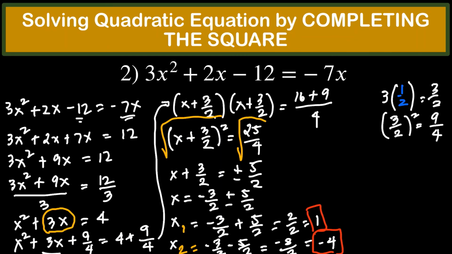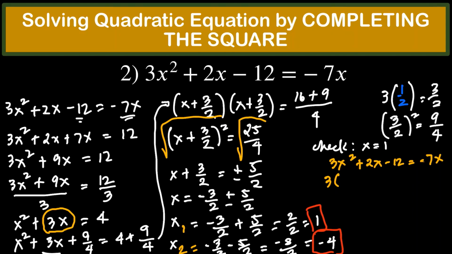So to check, let's use another color. So let's have here 3x squared plus 2x minus 12 equals negative 7x. Okay, and so we have 3 times, we're checking for x equals 1.